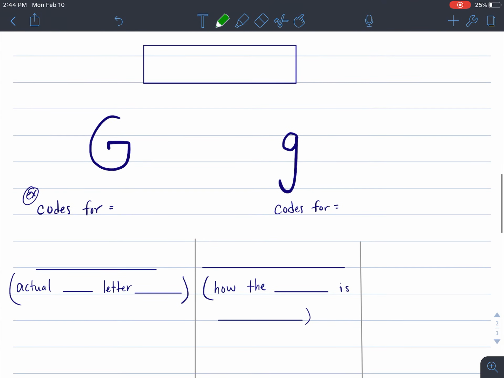So let's further define this idea of alleles. Well, we use capital letters and lowercase letters. So the letter G is a good letter to use because the capital and lowercase are very different from each other. Some other good examples are like the letter T or the letter R. The letter A could work really well.